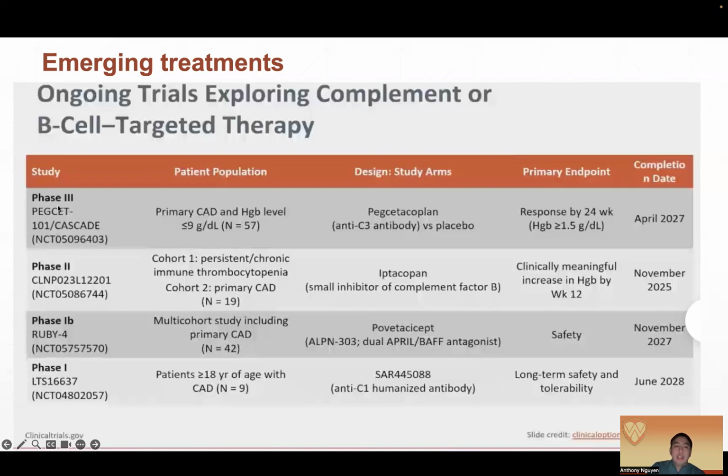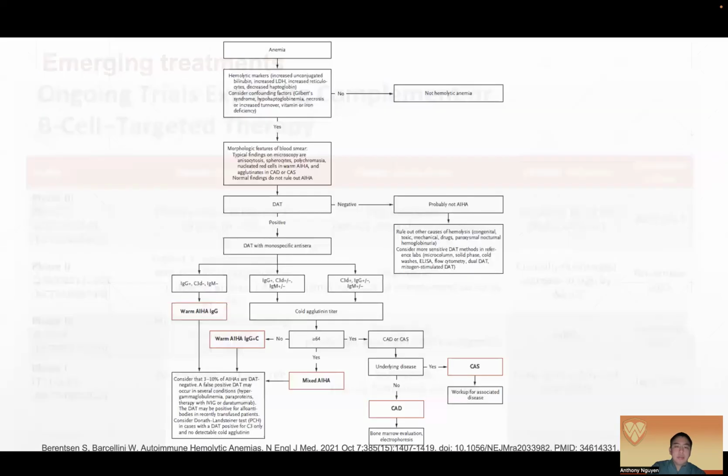There are phase 2 and phase 3 trials using a drug called pegcetacoplan, an anti-C3 antibody. This drug is currently approved for paroxysmal nocturnal hemoglobinuria, but is in clinical development for cold agglutinin disease. Also a phase 2 study using a drug called iptacopan, a small molecule inhibitor of complement factor B, is in clinical trials.